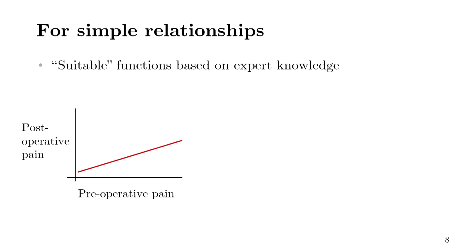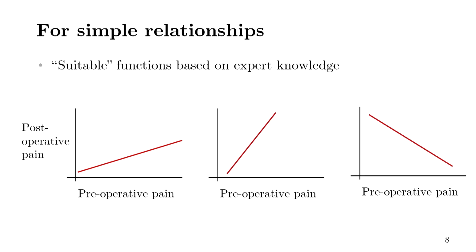Then one possible function is to model the postoperative pain as a linear function of the preoperative pain. That's one possible function, but it could also be a function that's steeper. It could be a decline, an inverse relationship, where as preoperative pain increases, postoperative pain decreases for some reason. All of these are viable functions that I could use to represent the relationship between preoperative pain and postoperative pain based on expert knowledge.